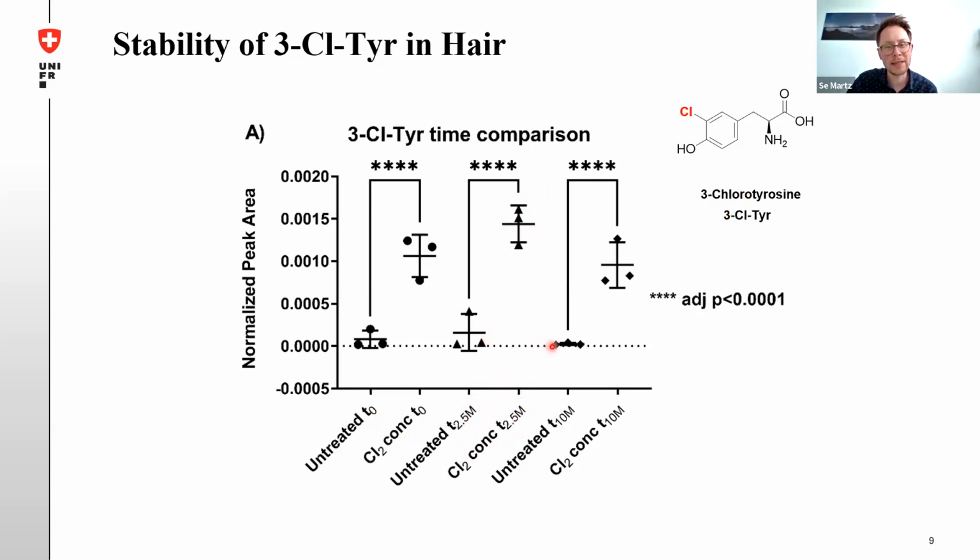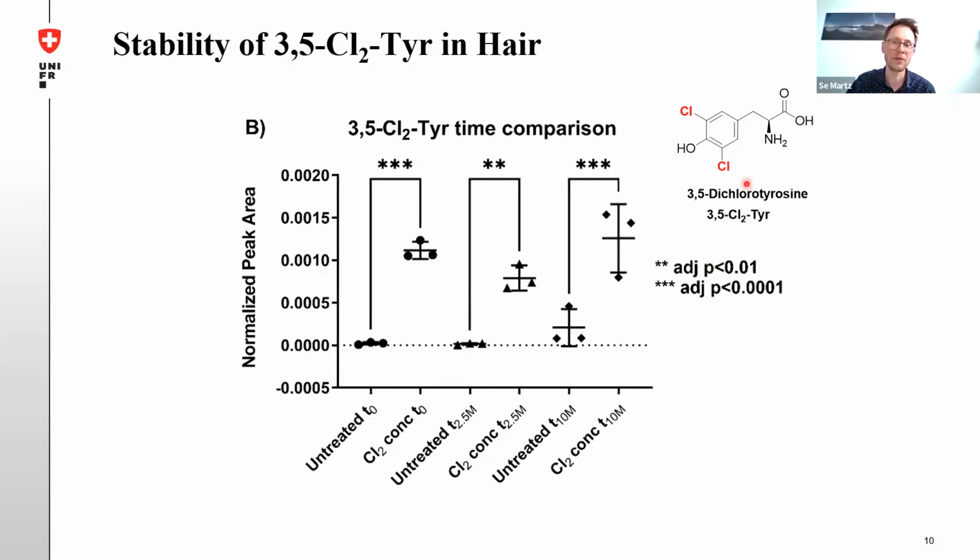And it was also the case 10 months post-exposure. So it seemed that once this chlorotyrosine is formed, it remains stable in the human hair matrix. This was actually the same case for the 3,5-dichlorotyrosine. We could still detect it 10 months post-exposure, which is a very important finding.